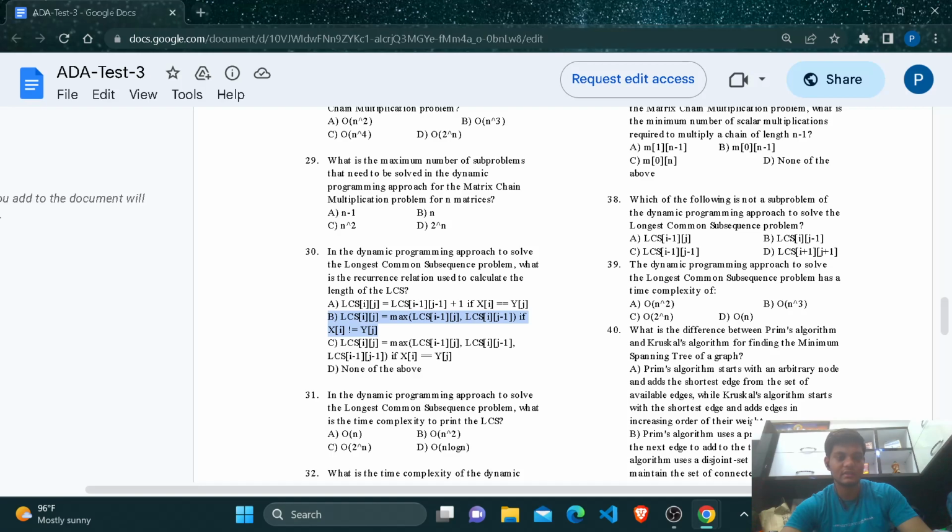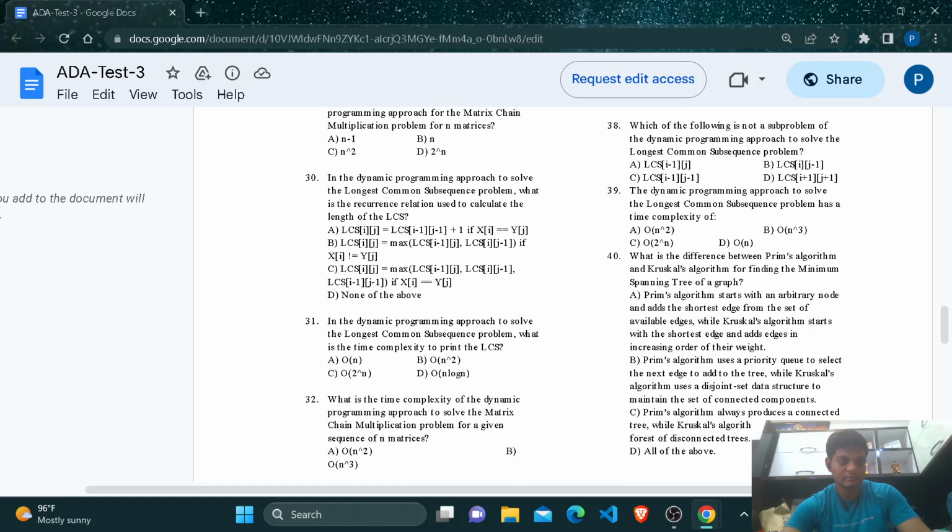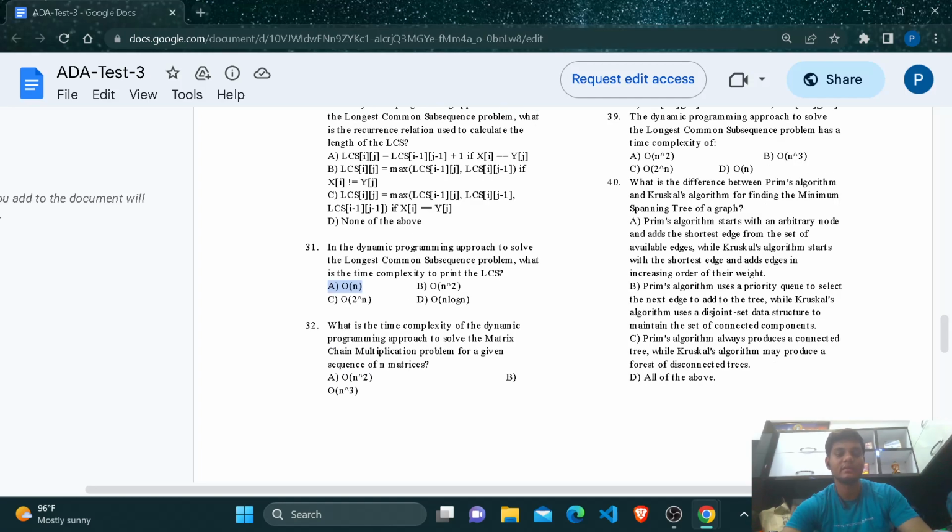You can see the options. So yeah, next question. In dynamic programming approach to solve the longest common subsequence problem, what is the time complexity to print the LCS? So yeah, its answer is order of n, option A. 32nd question, what is the time complexity of dynamic programming approach to solve the matrix chain multiplication problem for a given sequence of matrices?